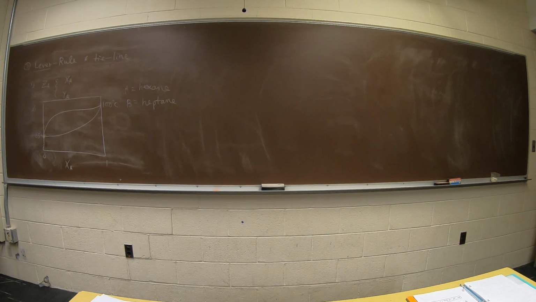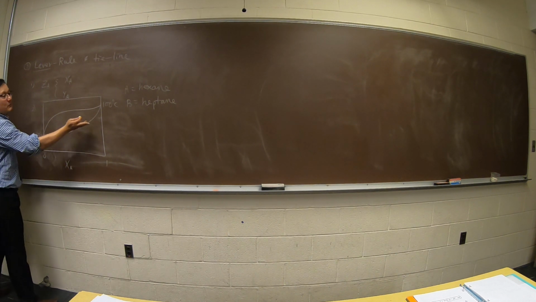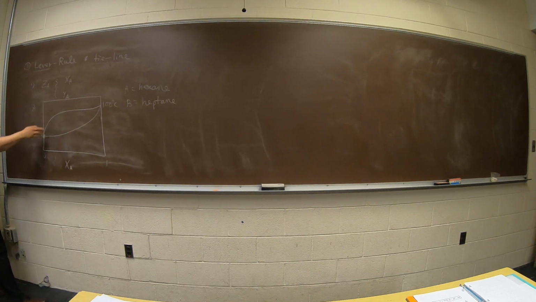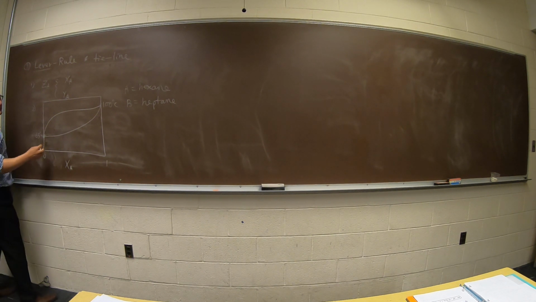That's why I'm going to show you something different later on, what they call the azeotrope, which is the next section. It's even more bizarre than this. But this has already become a non-ideal solution throughout the composition. I just want to use this one to calculate what I can get.